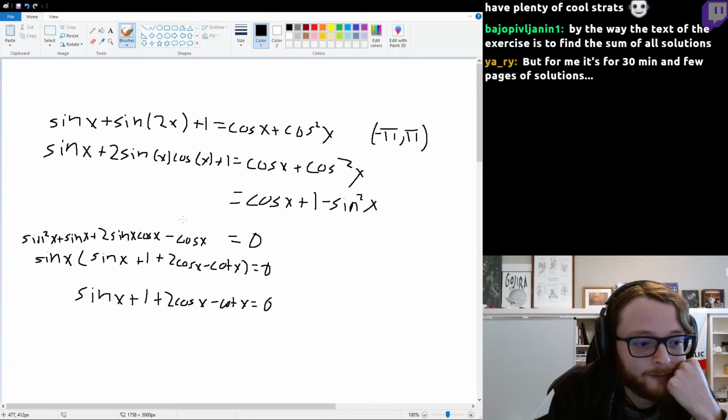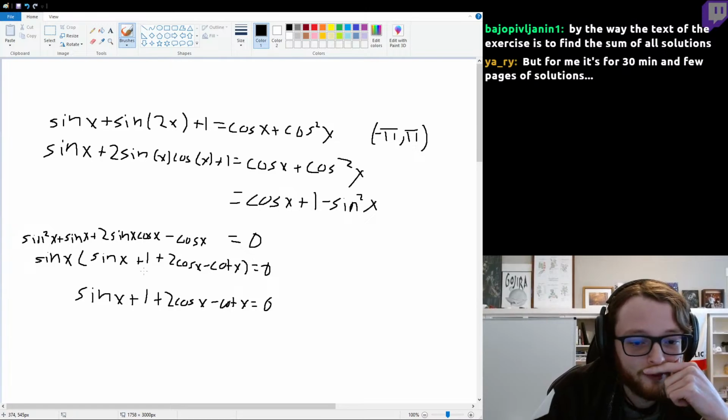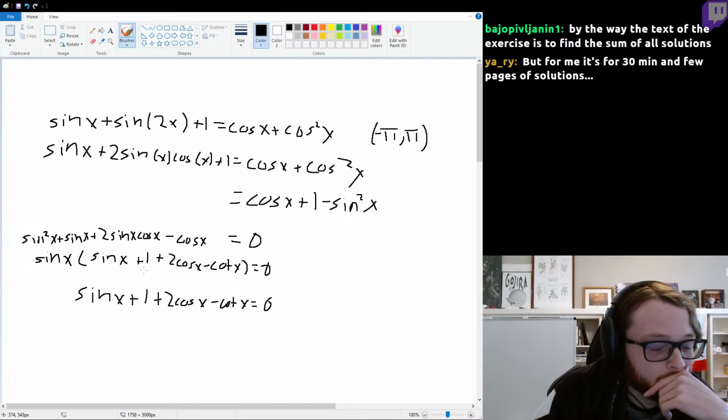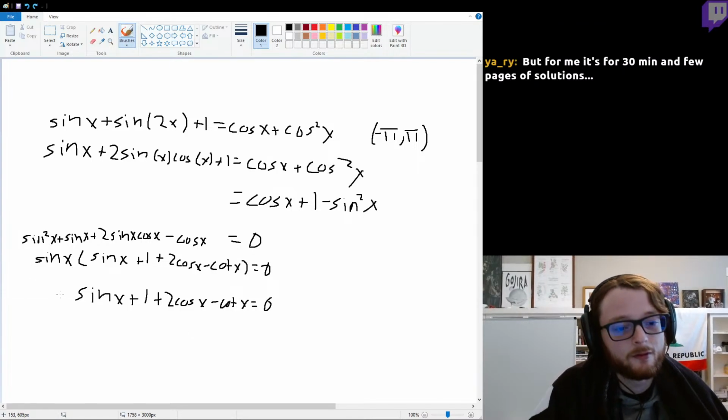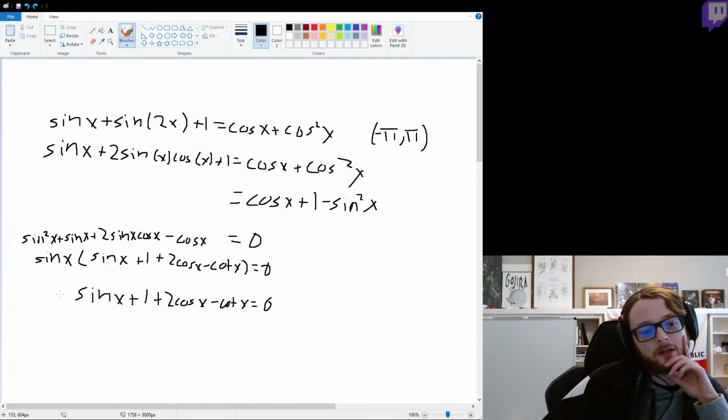For me, it's 30 minutes, a few pages of solutions. I don't know how long I spent on the problem, but I'm at a loss so far. So we've gotten rid of a sine. I still don't really see what we do though. It's a nice callout that we can chop off that sine, a good technique to have in my pocket. I just think in this exact case it might not help.